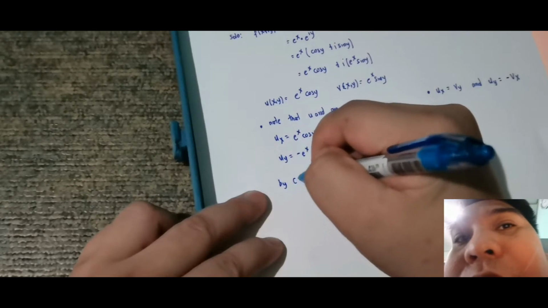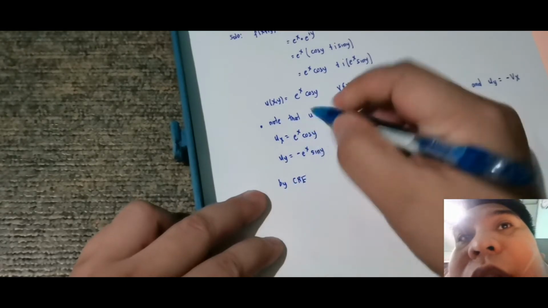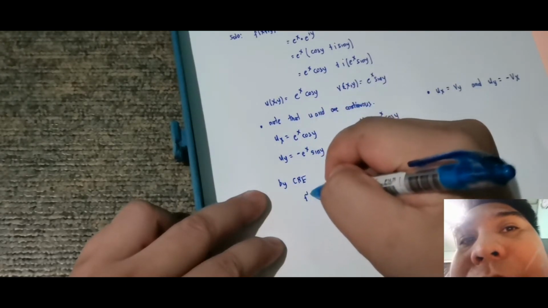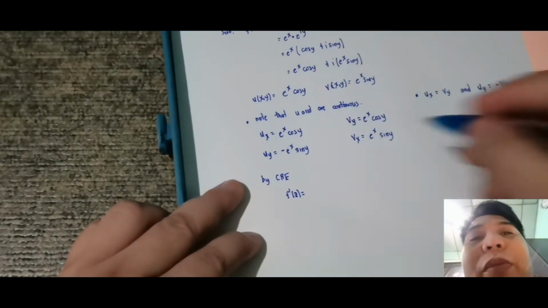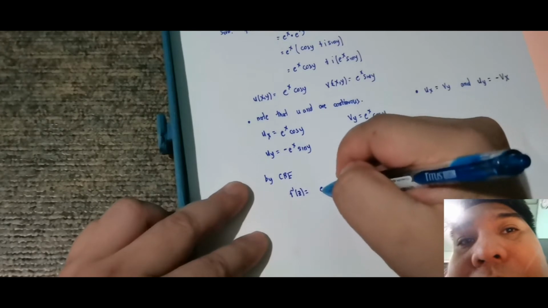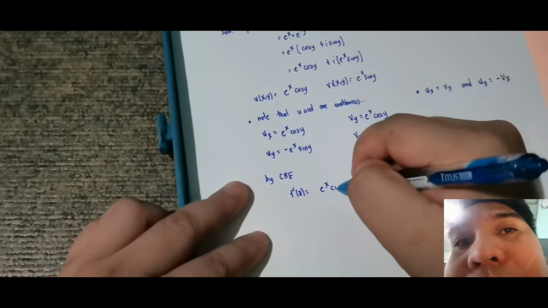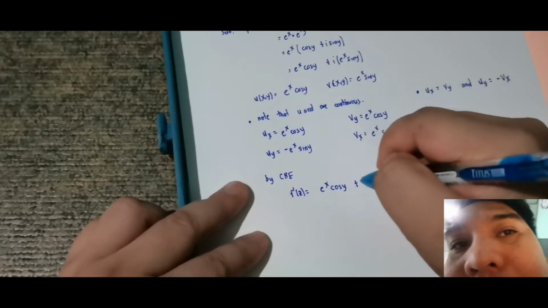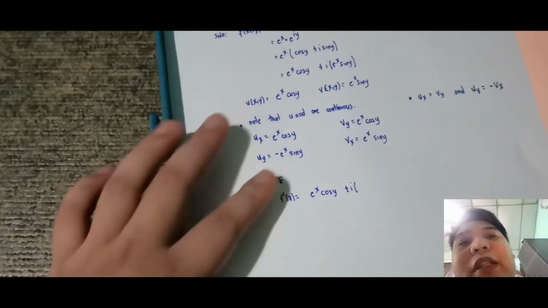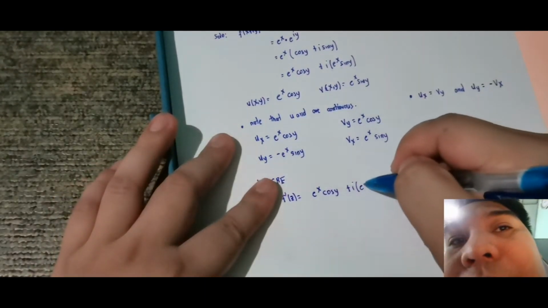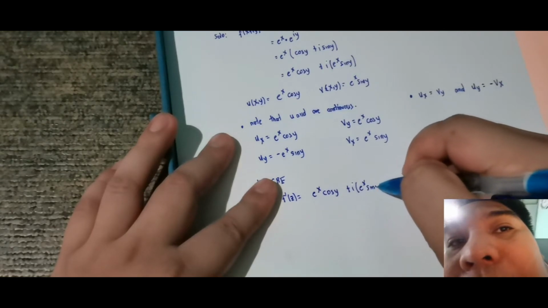So, by CRE, f prime of z is equal to partial derivative of u with respect to x, which is e raised to x cosine y plus i times partial derivative of v with respect to x, e raised to x sine y.